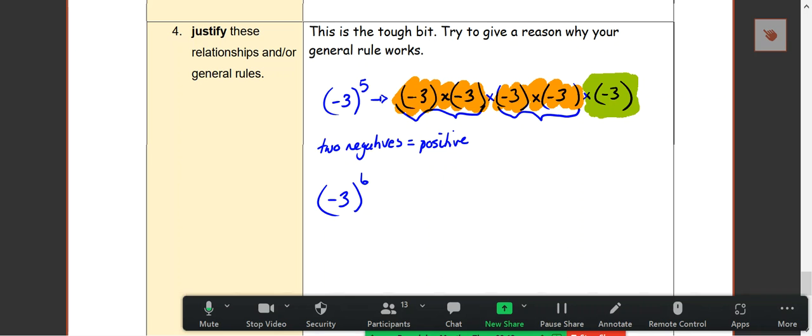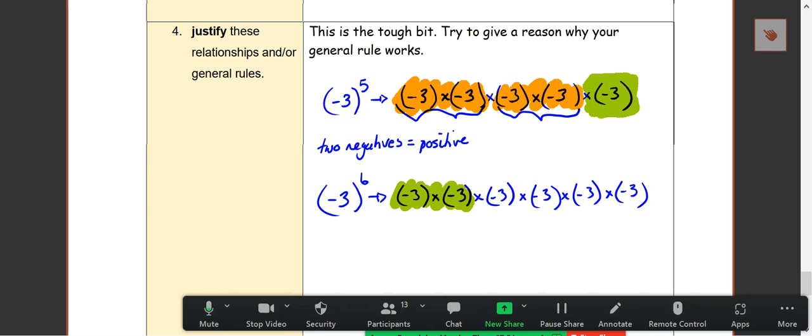Whereas, if I do this one, look, I've got negative 3 multiplied by negative 3 multiplied by negative 3, negative 3, negative 3 times negative 3. This time, I've got one pair, another pair, and another pair. So this pair will make a positive, this pair will make a positive, and this pair will make a positive.